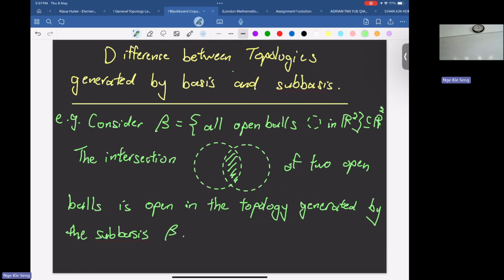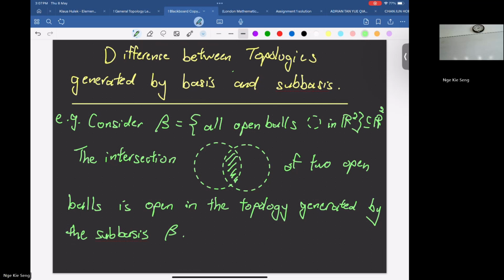When we say generated by bases or generated by subbases, the recipe is different. So what's the basis recipe? You just take arbitrary unions. But what's the recipe for subbases? Union of finite intersections. Obviously, you include the usual unions, right? The usual union is okay, but you have more: unions of finite intersections are also included.